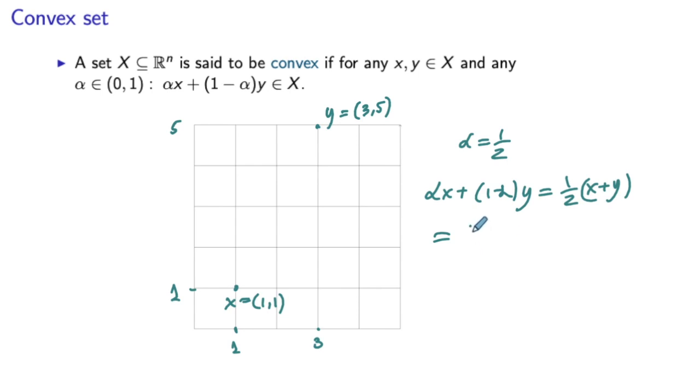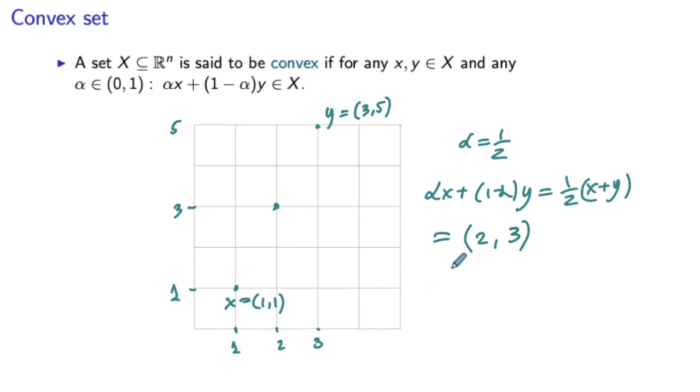All right, so for the first component it's going to be 2, and for the second component it's going to be 3. So the point 2, 3 is going to be the point we are going to obtain. Clearly it's right in the middle of the line segment between X and Y.